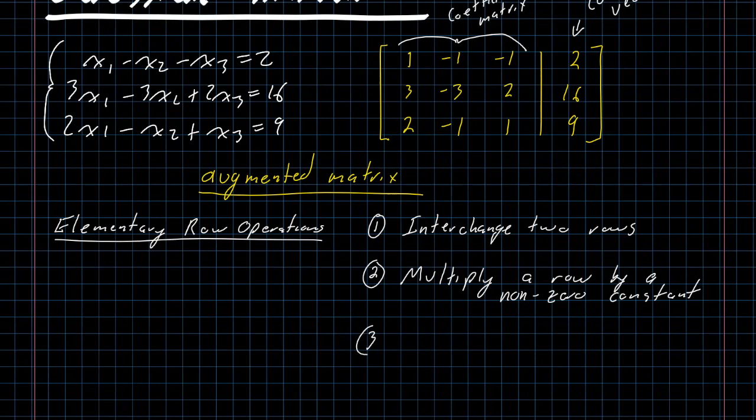The third thing we can do, the third elementary row operation, is add a multiple of one row to another row. And again, that's something that we did when we solved our systems. We would take one equation.